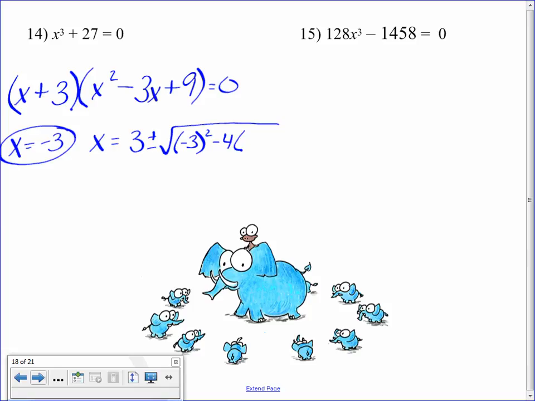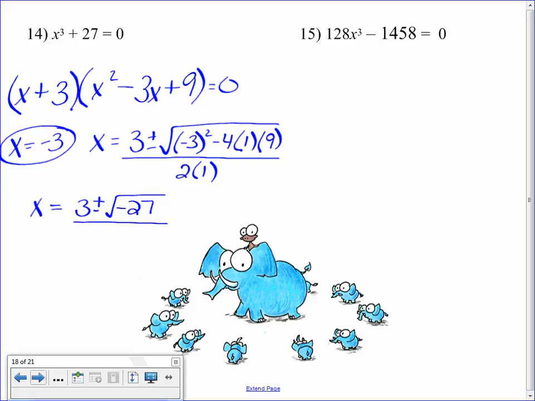minus 4 times a times c all over 2 times a. So 3 plus or minus radical, what do we get under there? Negative 27 all over 2.